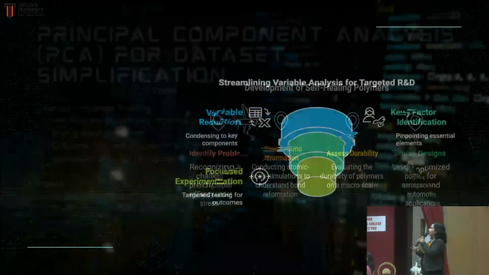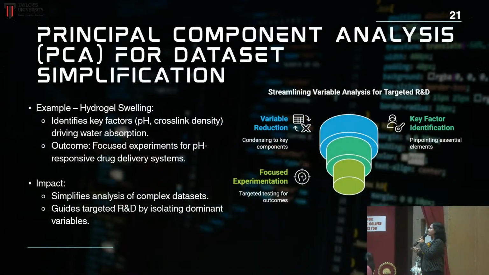Now, next we have principal component analysis, that is PCA for data set simplification. Again, if we have a huge data set, see, data sets are not like we'll be having data of only a few entries. A data set on a global level might consist of lakhs. So, if we have huge data sets, for example, we have hydrogel swelling. Now, this is used to identify the key factors, that is the pH value and cross-link density, driving water absorption.